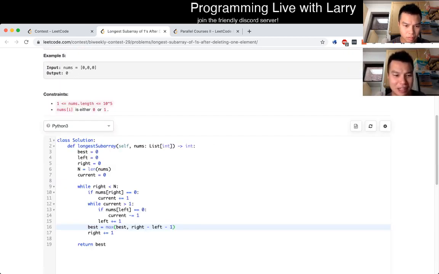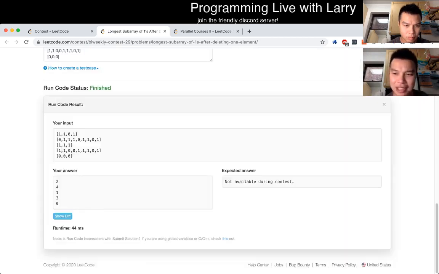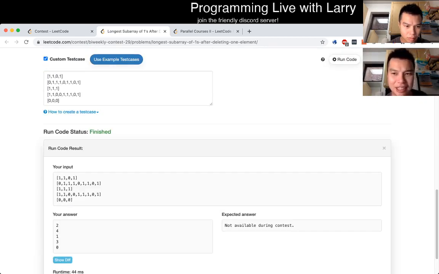I thought that there may be an issue with running time because I clicked on submit and it took a long time to actually run.